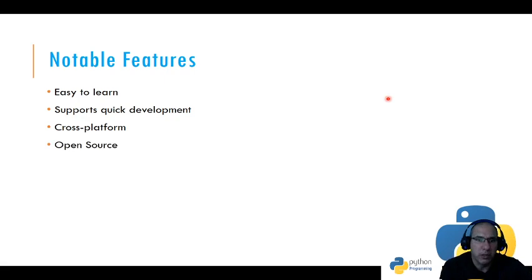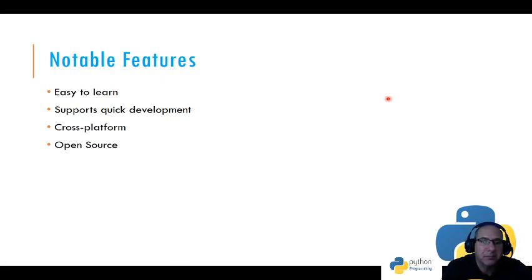It's also open source. This is one of the points that give Python one of its strengths. So there are a tremendous number of developers all around the world who contribute to Python and to its development.